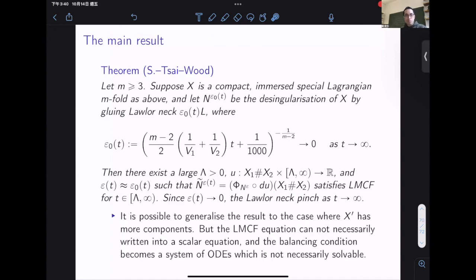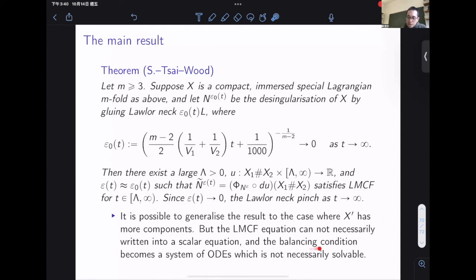So it is possible to generalize this result to the case where X prime has more than 2 components, but then in that case, the Lagrangian mean curvature flow equation cannot necessarily be written into a scalar equation like what we did earlier.